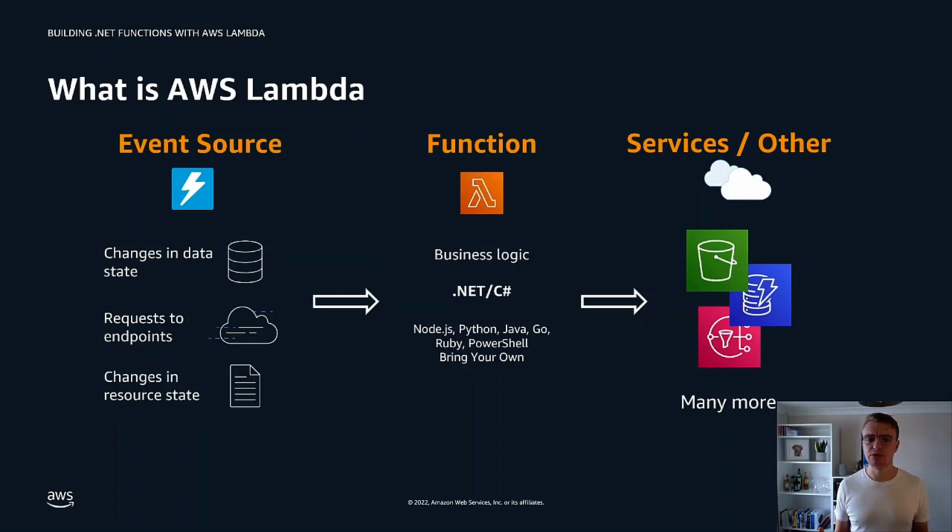You can write Lambda functions in a range of natively supported languages, one of which is .NET. And you can package your code in either a zip file, up to 250 meg unzipped code, or you can even use container images up to 10 gigabytes in size. Between those two options, it gives you the capability to run almost any workload using Lambda. It's incredibly powerful.